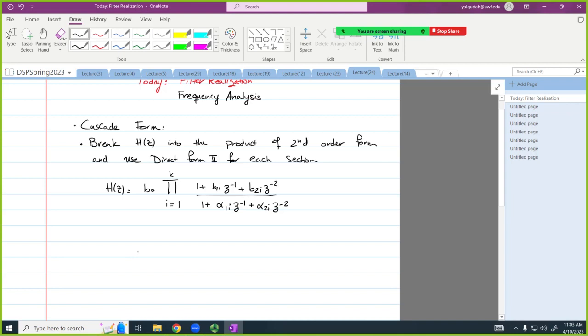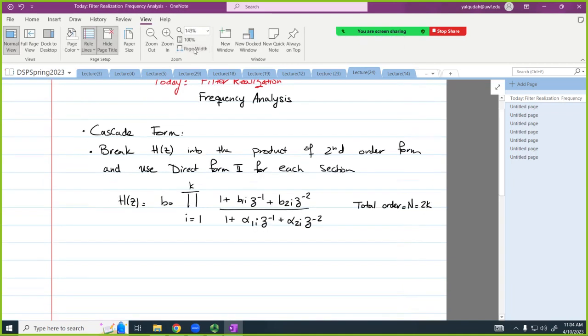And apparently, since we are making the product of K second order sections, the total order of the filter, N, is equal to 2 multiplied by K. Since this is second order, and we're multiplying them K times.